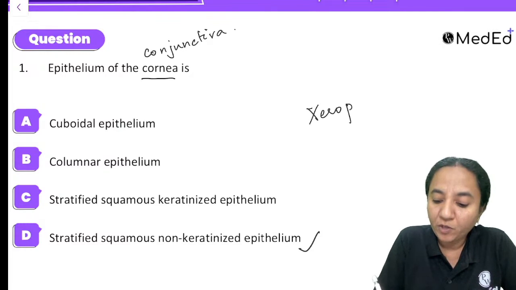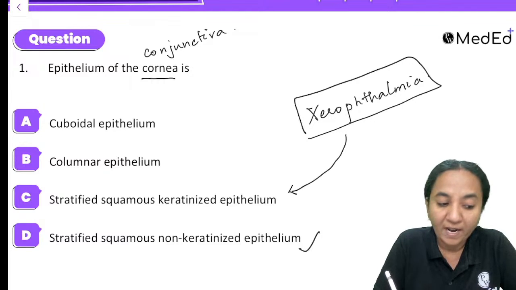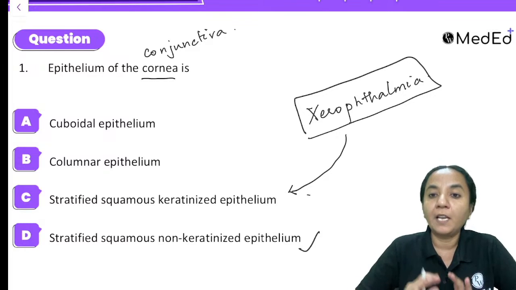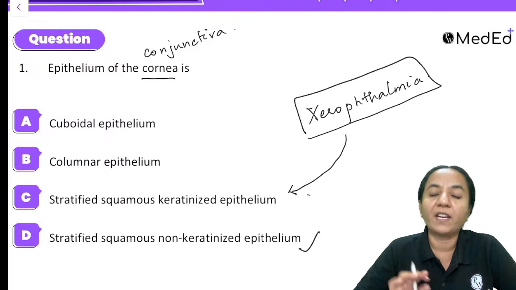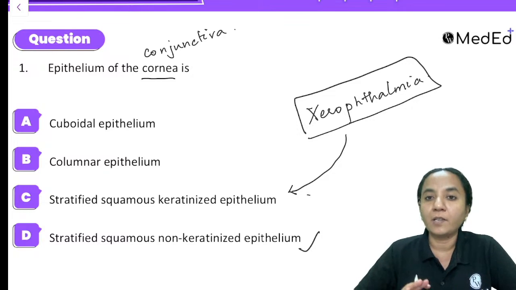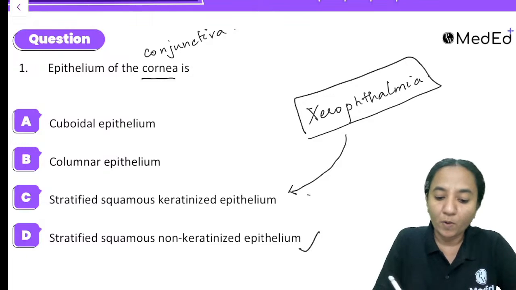Xerophthalmia means deficiency of vitamin A, right? In xerophthalmia, the epithelium changes to stratified squamous keratinized epithelium. Both these can come as one-liners.